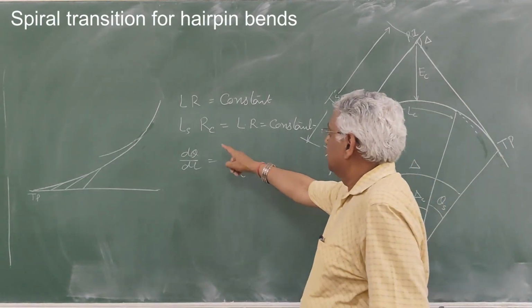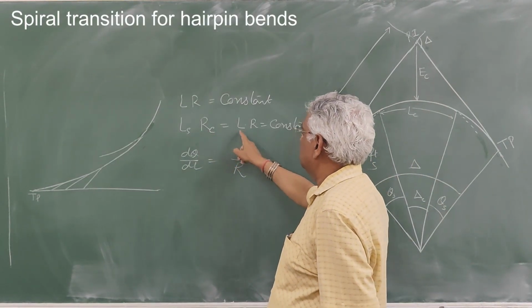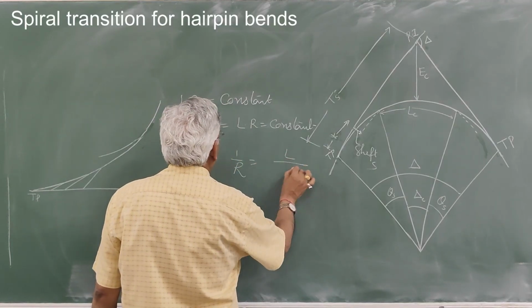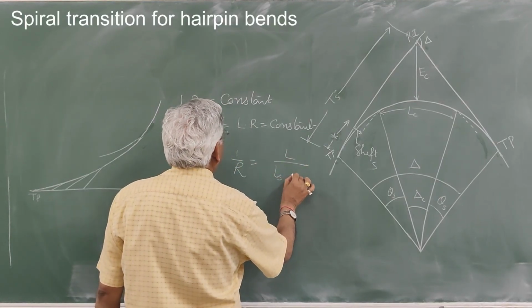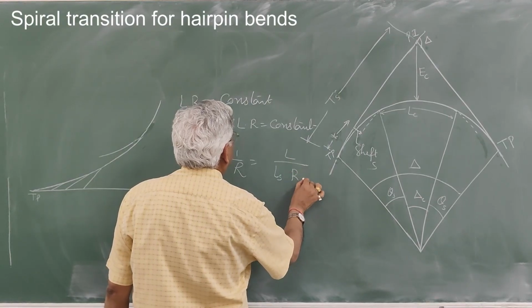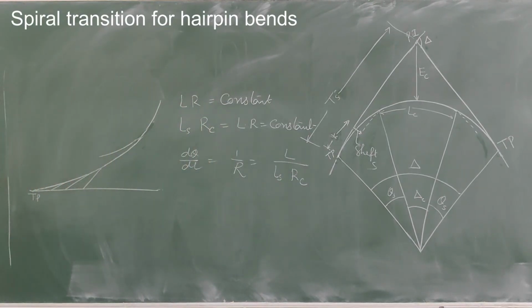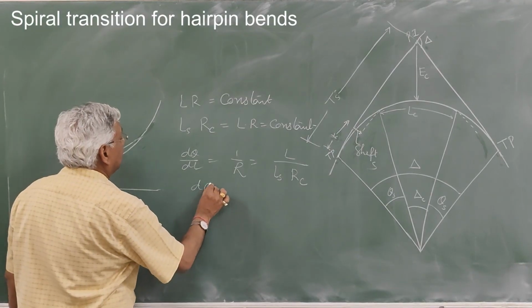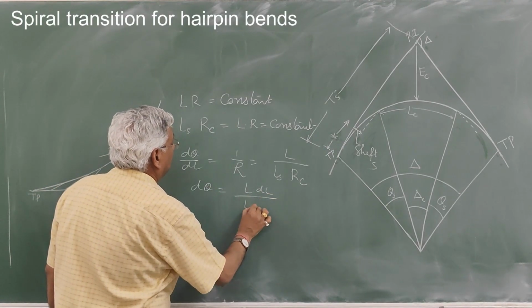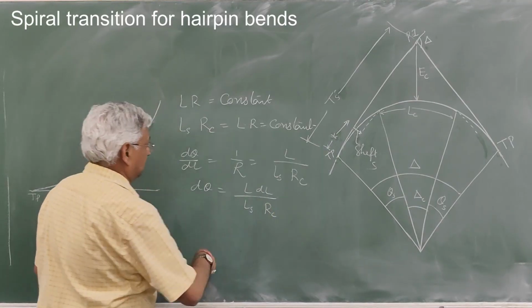And I told you Ls into Rc is equal to L into R. So 1 upon R can be written as L upon Ls into Rc. Or you can say that d theta is L into dl upon Ls into Rc.